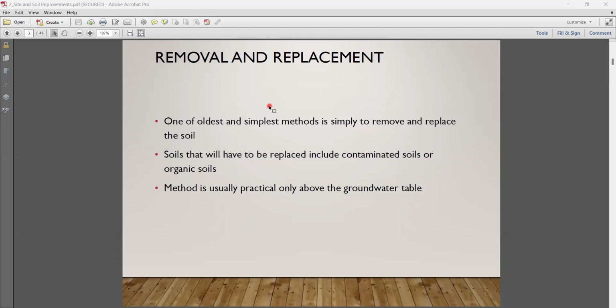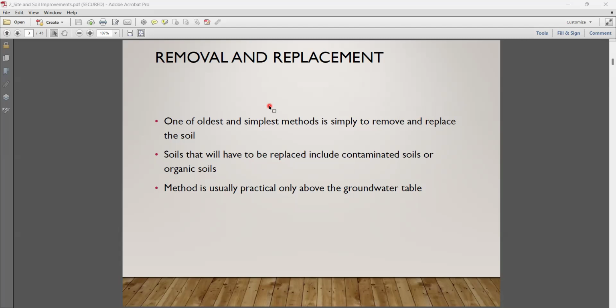So in early days, and nowadays it is also done in some cases, you totally excavate the soil, dump it somewhere else, bring in good, well-compacting soil, fill it layer by layer, and construct your foundation.